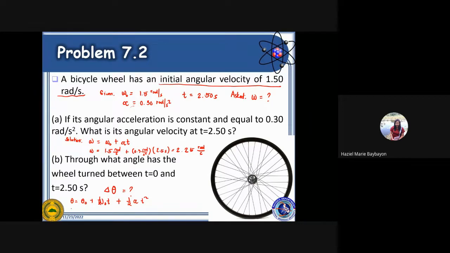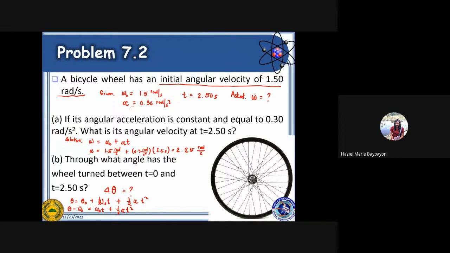If theta naught is moved to the left-hand side, it becomes negative. So we will use this equation, class. This is your delta theta.